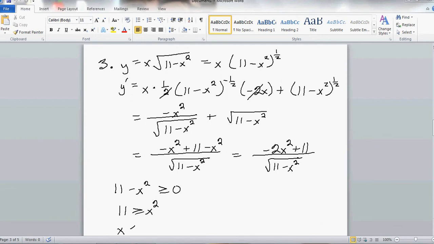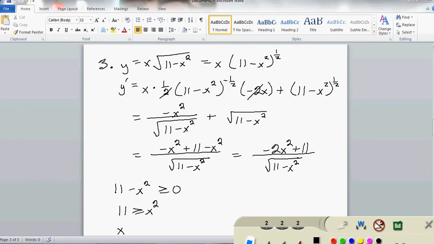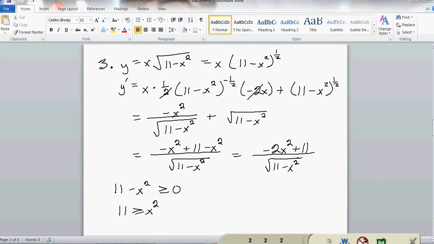Well, this is a little bit different. We need to consider this just a little bit differently, because we ask ourselves, when is x squared less than 11? Well, that's between negative square root of 11 and positive square root of 11.